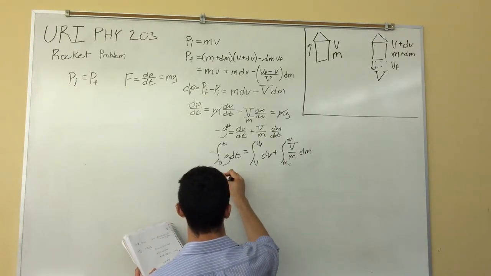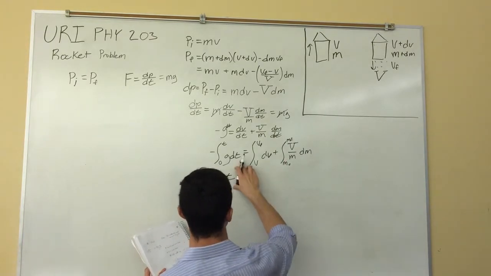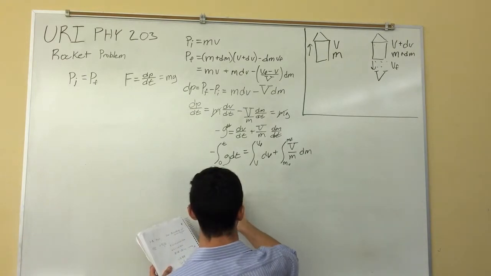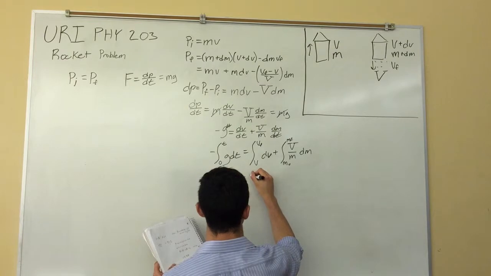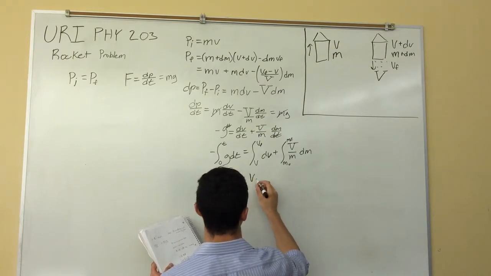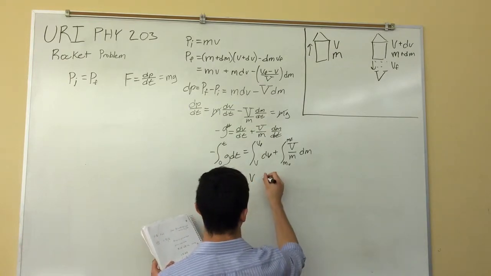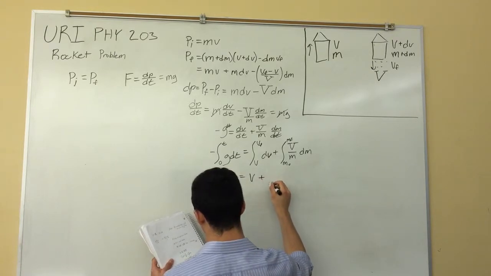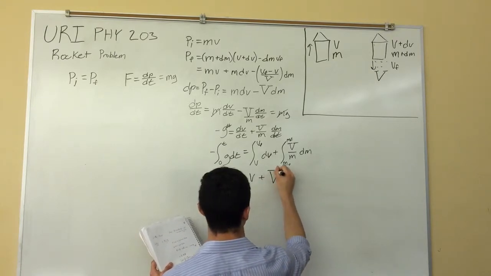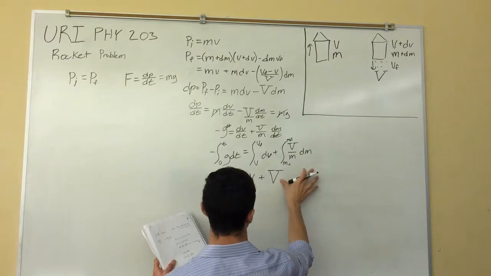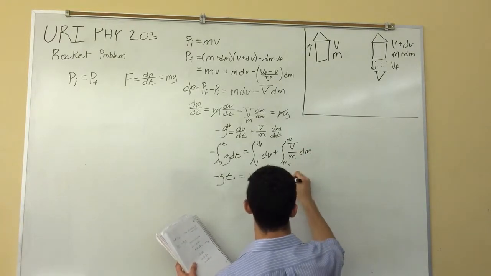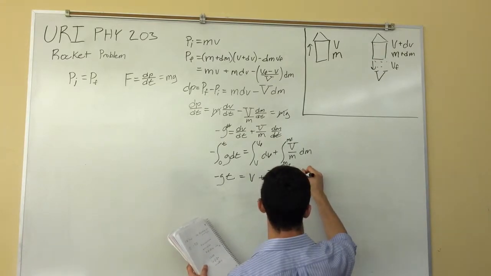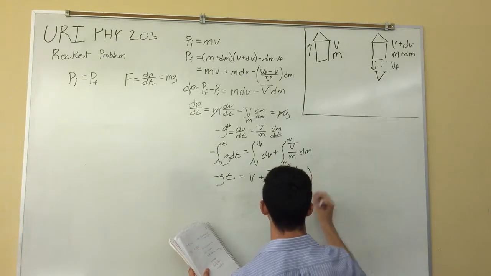So this is negative gt, right, because dt becomes t, g is constant, so it stays, is equal to simply v plus the velocity of the exhaust times ln of mass initial over mass final.